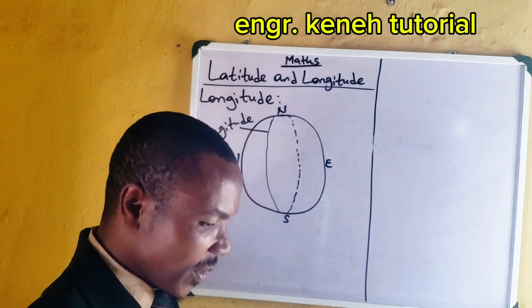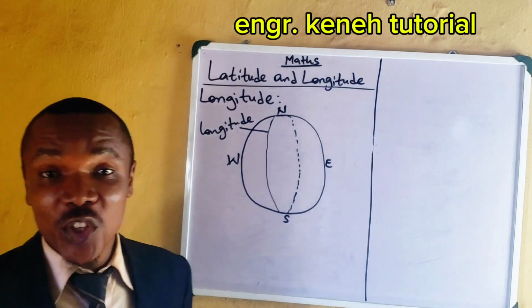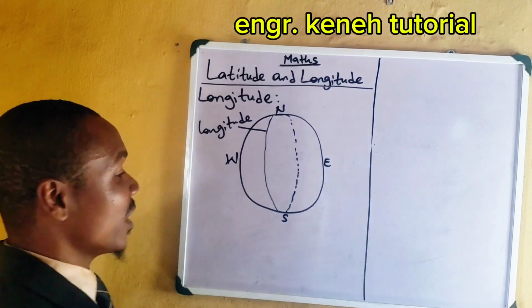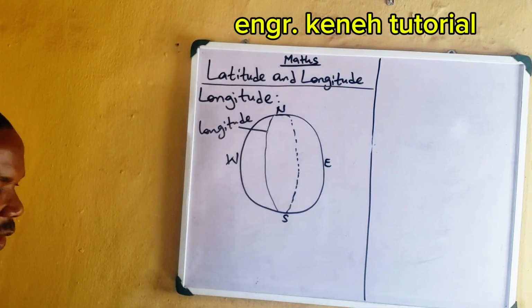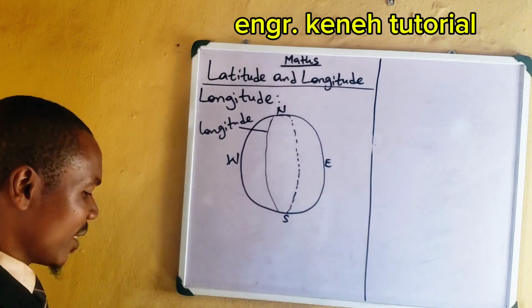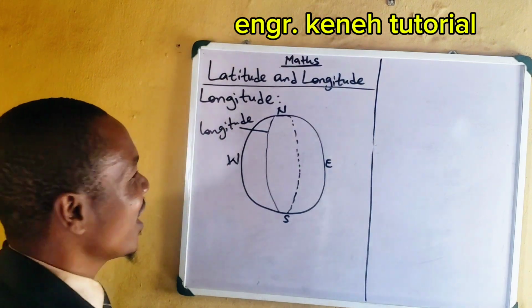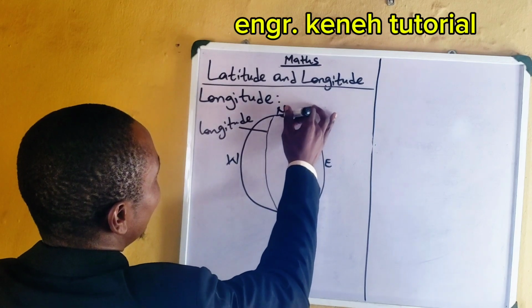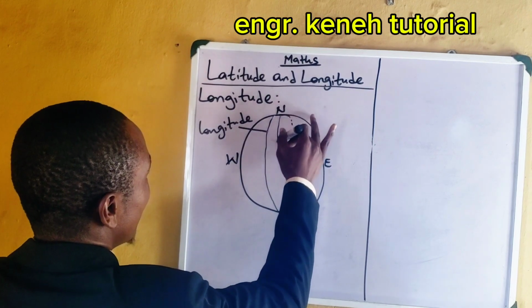All right, this longitude, we use it to locate the position of points on this earth surface. So how do we go about that? We have a reference point. One particular reference point is also a vertical line like this.